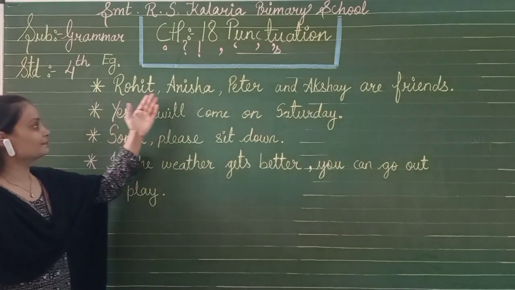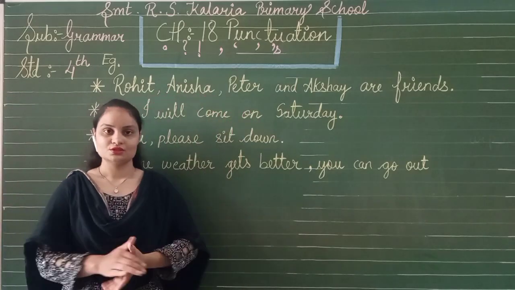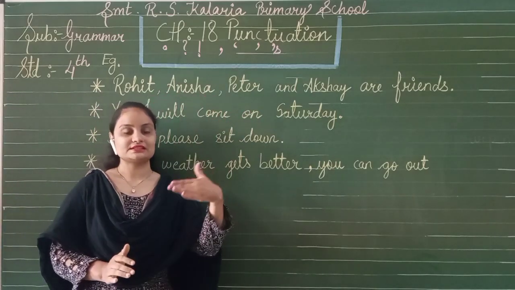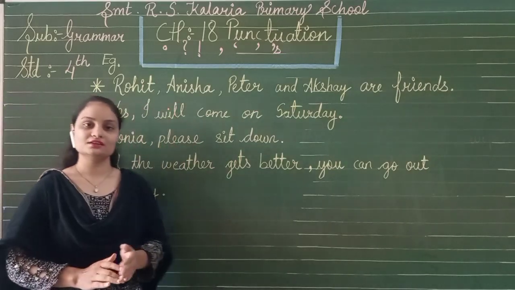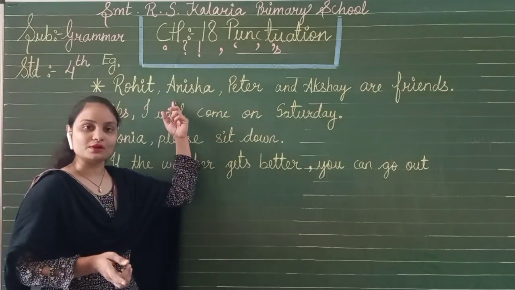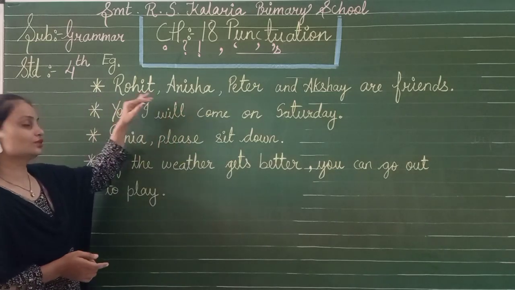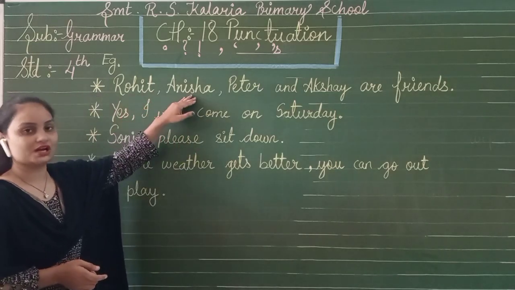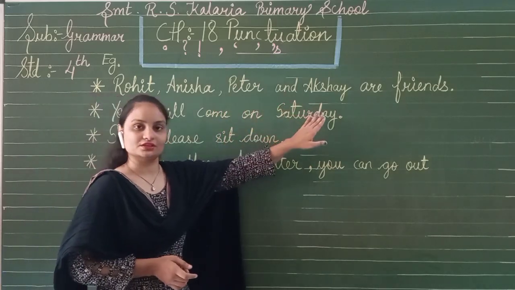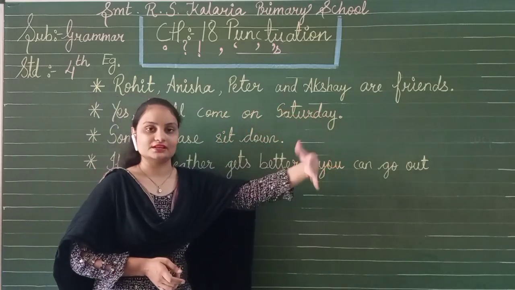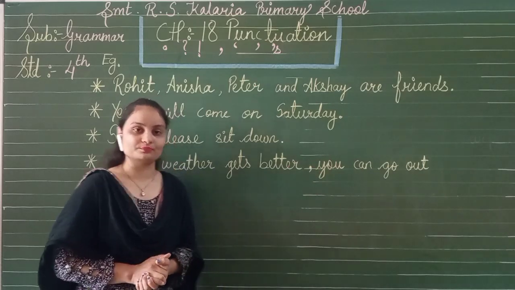Now here there is a break between the words. I explained to you that when there is a series of words, what do we do? We put a comma, right? So Rohit, comma, Anisha, comma, Peter and Akshay are friends. At last there is a full stop.